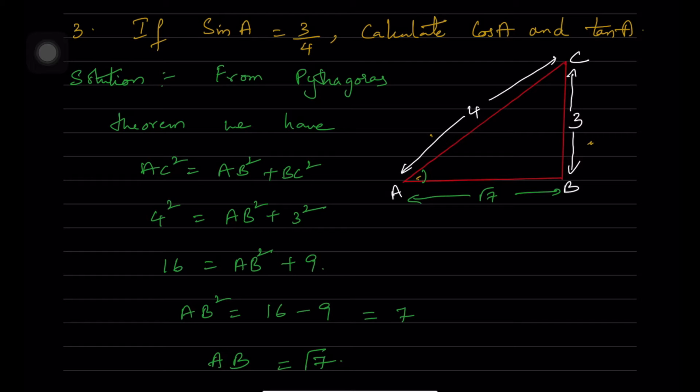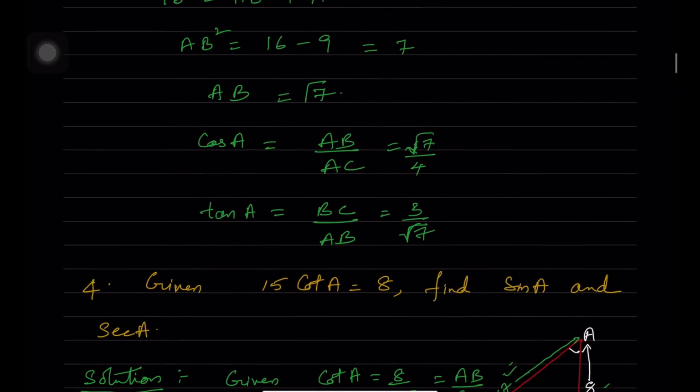Now we have to find AB. From Pythagoras theorem, AC square is equal to BC square plus AB square. So 4 square is AB square plus 3 square, or 16 is AB square plus 9. Therefore AB square is 16 minus 9, which is 7, so AB is root 7.